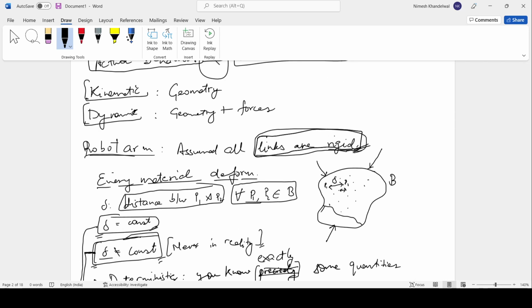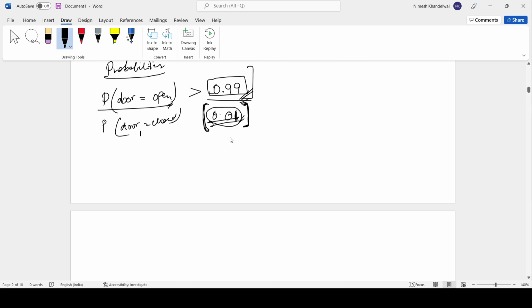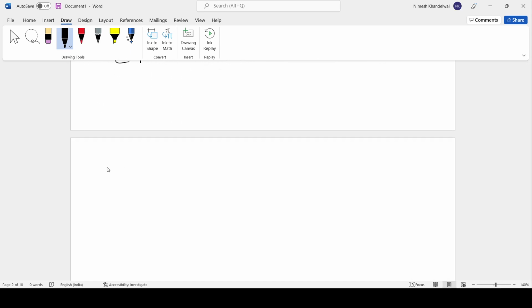So that is why we studied in this week your velocity motion model and your odometry motion model. Basically, what you want to do is predict your states, and for a 2D case, those states are x, y, and theta.